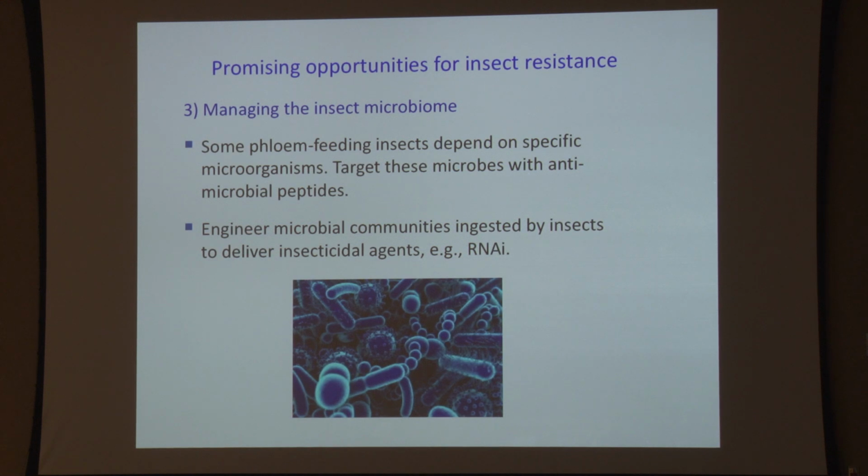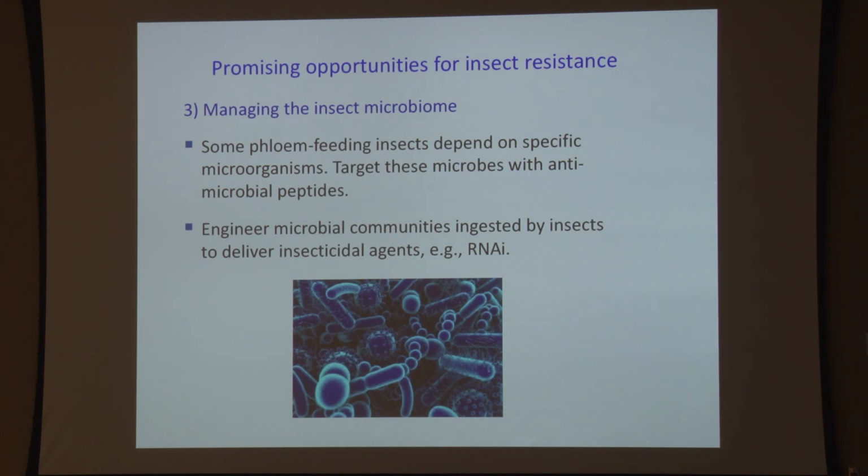And then the third area she mentions is managing the insect microbiome. Well, we hear about microbiomes in everything, from human health to animal production, plant breeding, and now in insects as well.